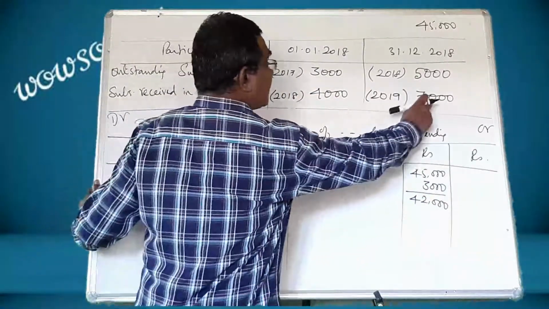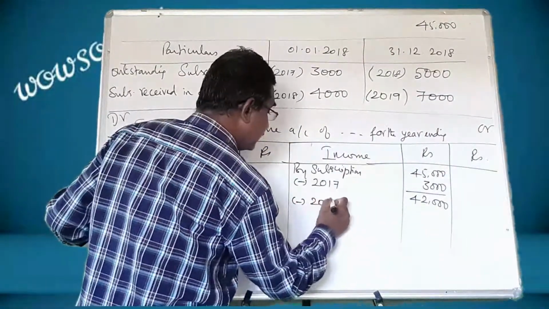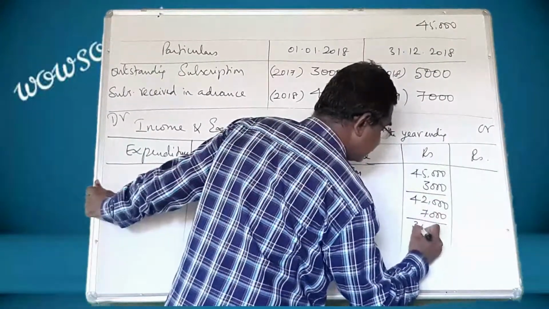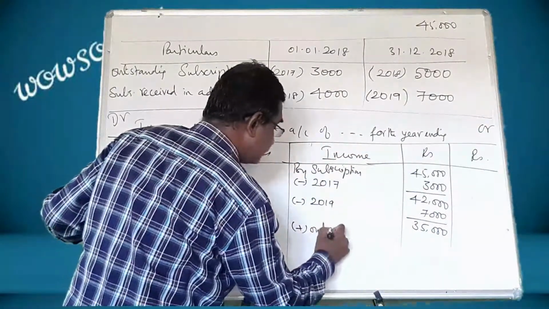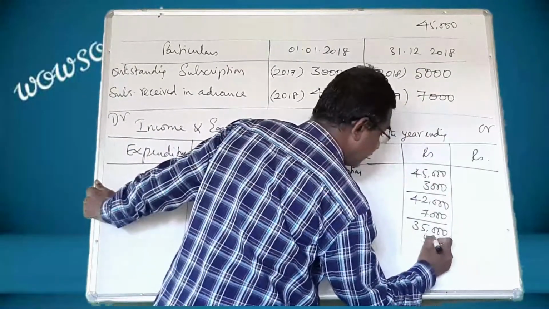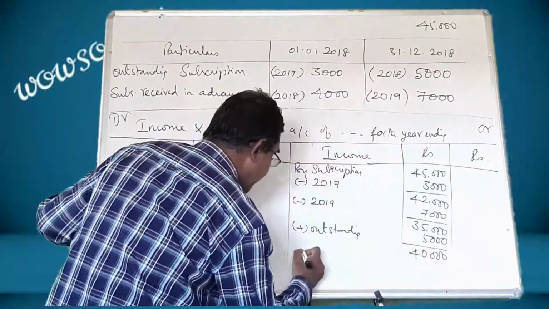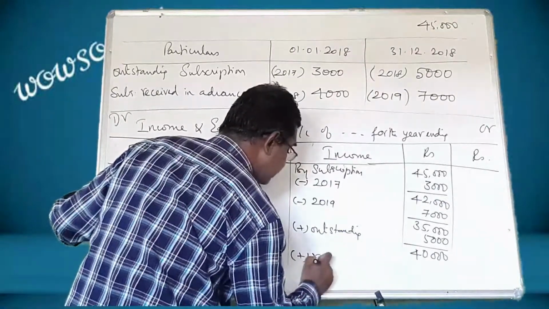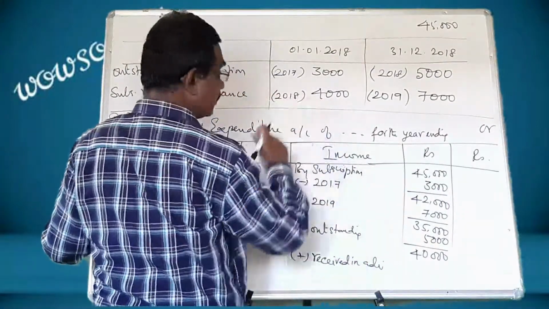And the amount received in advance should be subtracted. Add outstanding. What is outstanding? 5,000. Then plus the amount received in advance, 4,000.